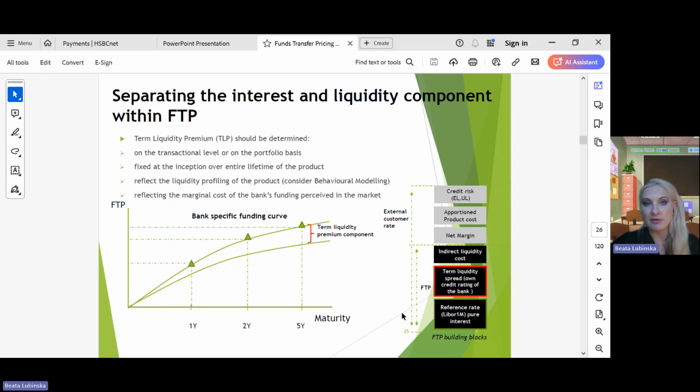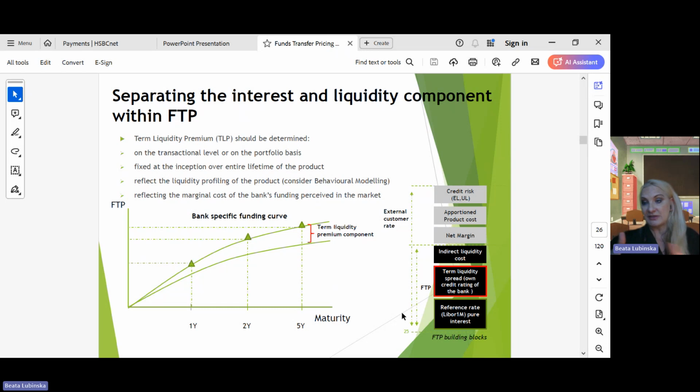However, each tenor always has this additional TLP on top of the certain tenors of the base curve in order to reflect the creditworthiness of the bank itself. And as such, this will be the price you will be paying for your funding of 2 years, 3 years, 5 years, and so on.